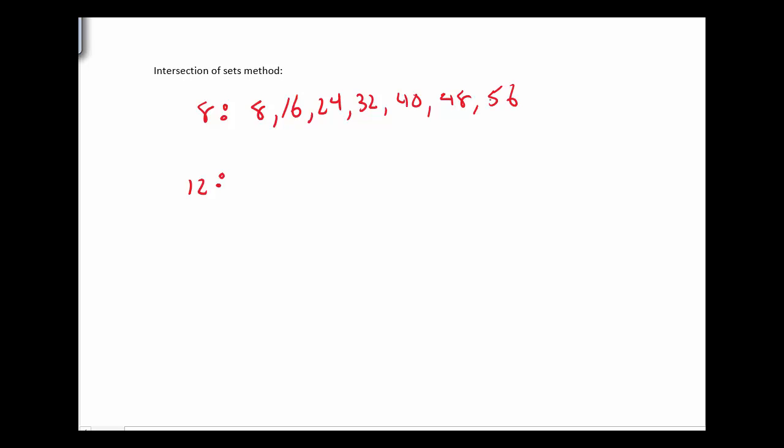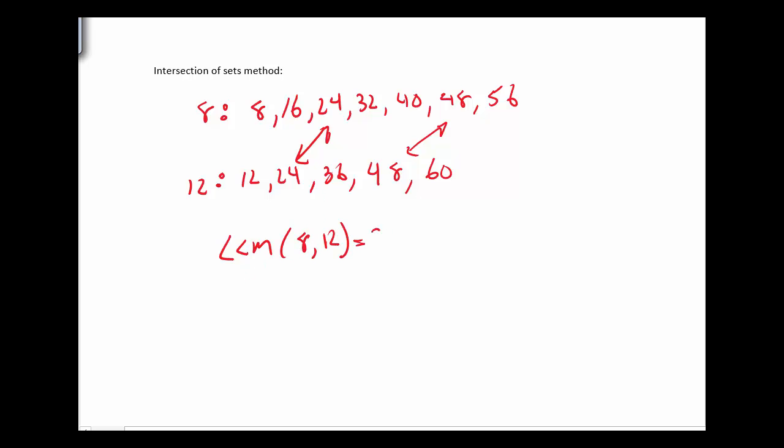I keep going. 12, 24, 36, 48, 60. Okay, and at this point, I'm going to stop and look for what they have in common, if anything. I see that they have a 24 in common, and I see that there's a 48 in common. And so obviously the least common multiple would be the smallest intersection. So the LCM of 8 and 12 would be 24.